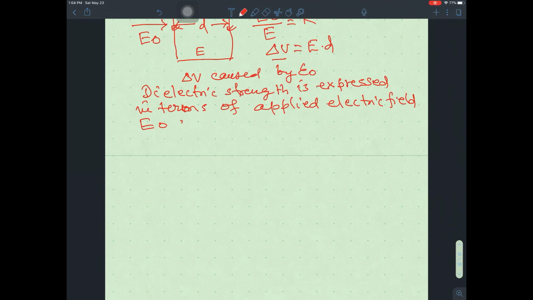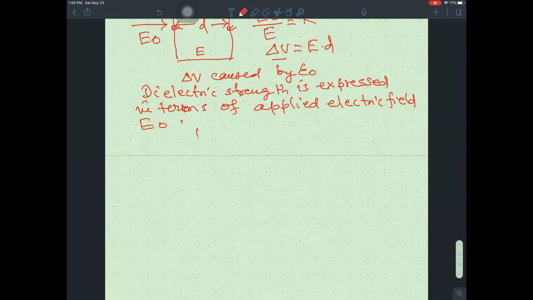So for example, in the earlier examples we have discussed that the dielectric strength of air is 3 into 10 to the power 6 volt per meter. Dielectric strength is expressed in the form of electric field. If we exceed the value of electric field more than the dielectric strength, breakdown results.